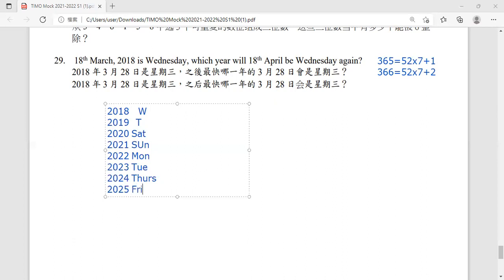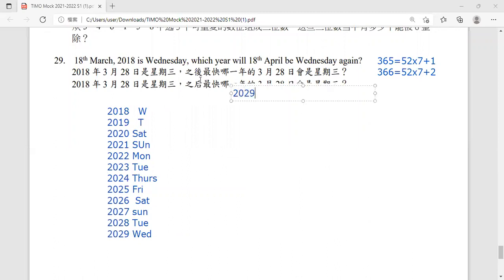And this is Friday, and this is Saturday, and this is Sunday, and this is Monday, that is Tuesday, and this is Wednesday. So 2029. Nothing special. You just do the counting. This is also a pattern. You just practice, okay?